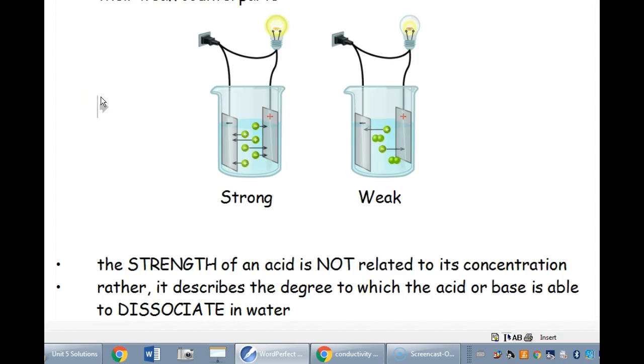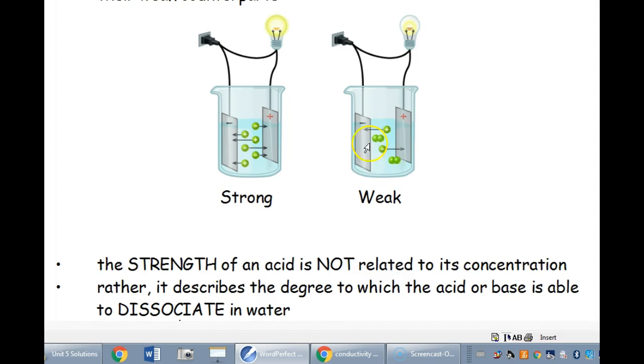Well, as it turns out, what makes an acid powerful or strong is the number of hydrogen ions that are actually out there able to do work in solution. So a strong acid is a substance that releases a whole lot of hydrogen ions into solution, whereas an acid that is considered weak is called so because not all of the acid molecules are actually able to dissociate or donate their protons into the solution.